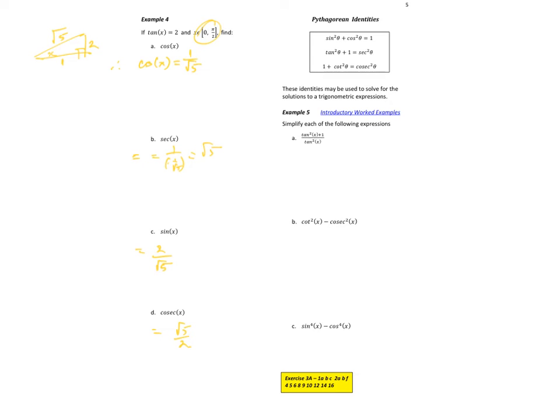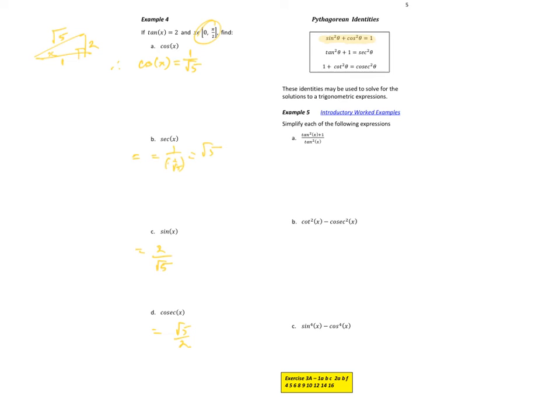Example 5, a little bit of simplification. Simplify each of the following. So this is the identity that we get. If I divide everything by cos, sine over cos is tan, cos over cos is 1, 1 over cos is sec squared, which gives me that one.